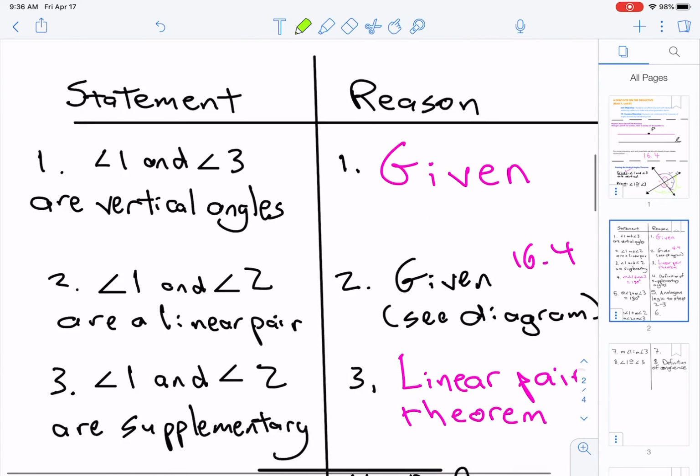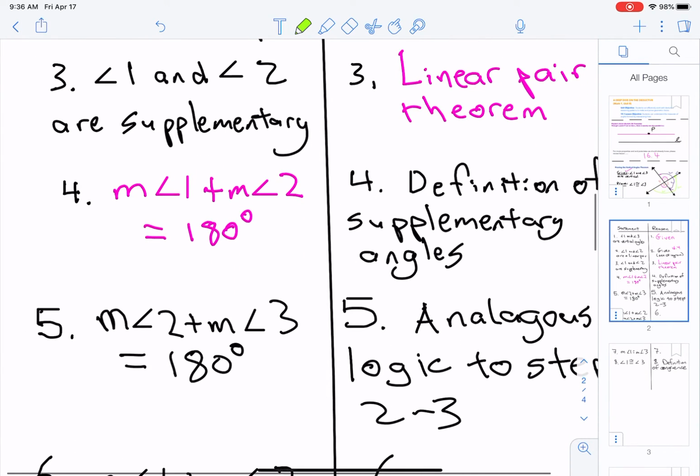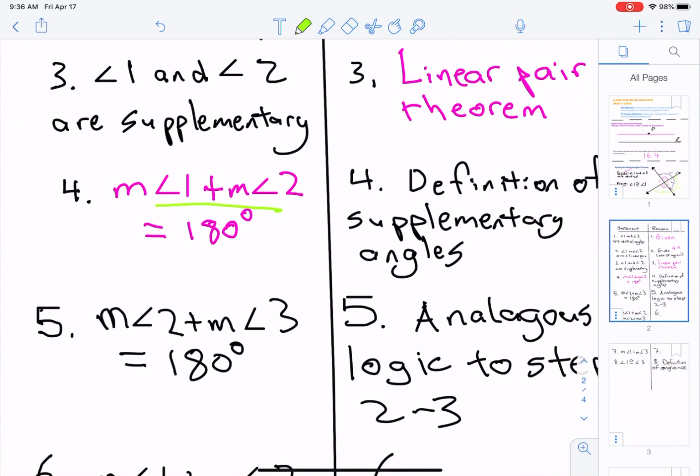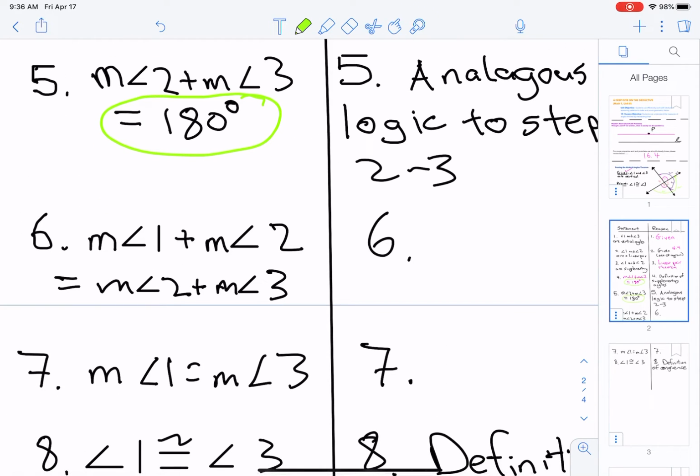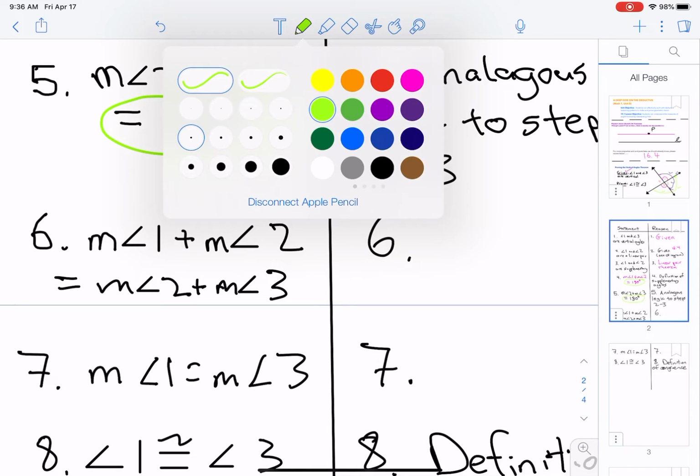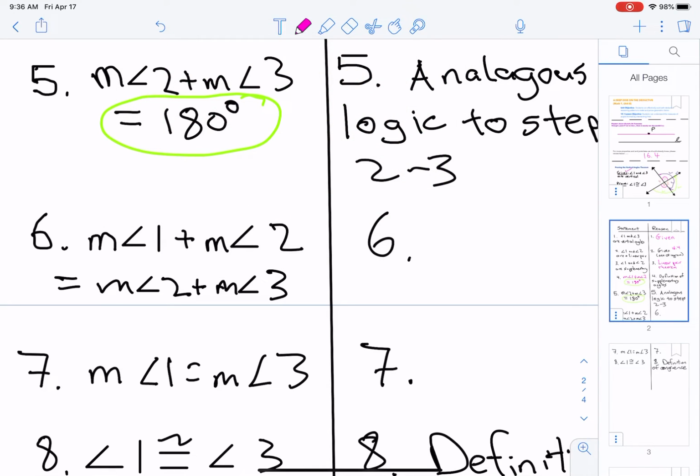Or you could look at the algebra and say that 1 and 2 equal 180 degrees, and 2 and 3 equal 180 degrees. When we have two things that equal the same thing, that is called the transitive property.